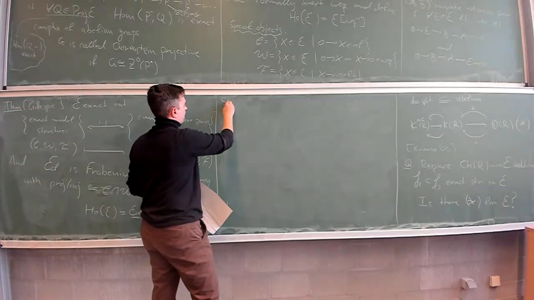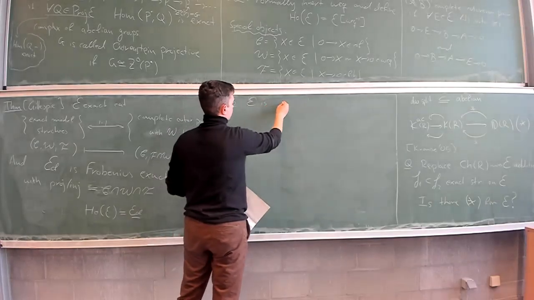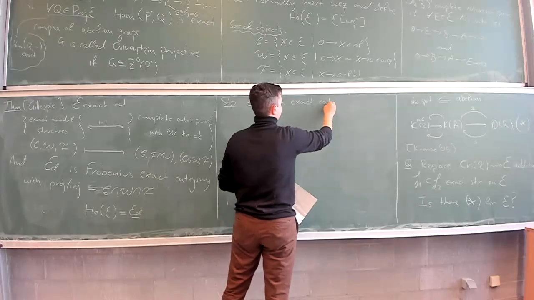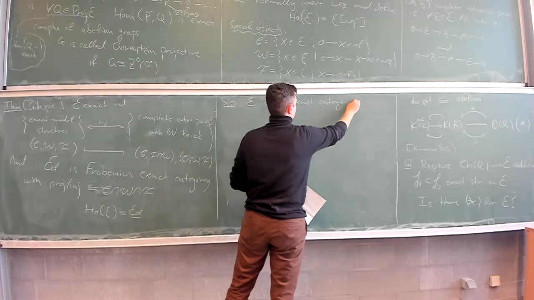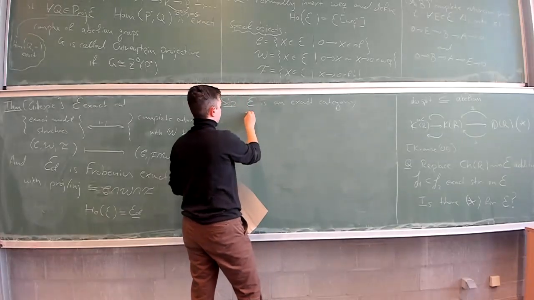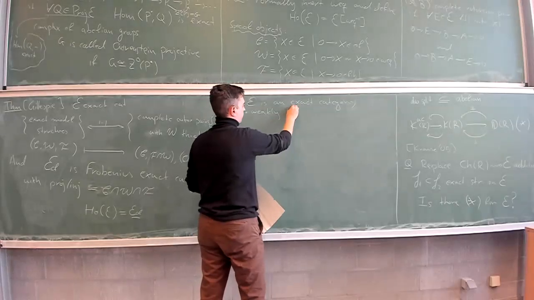So our setup is E is an exact category that is weakly idempotent complete.